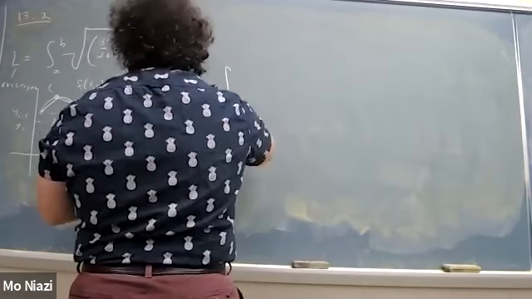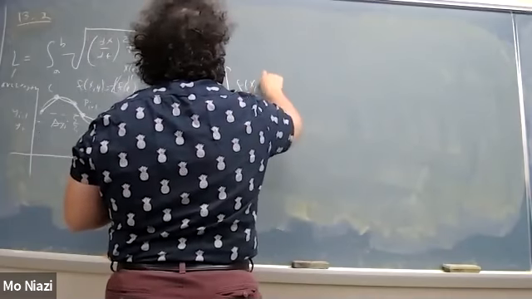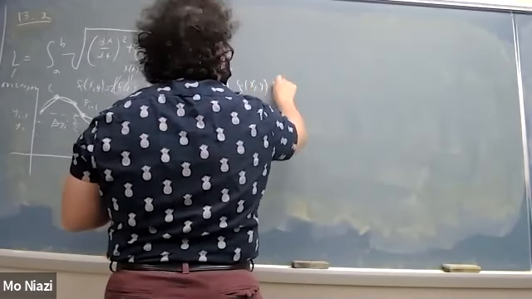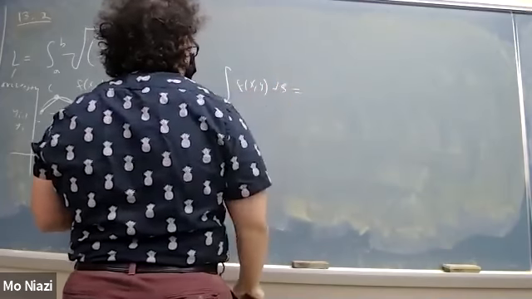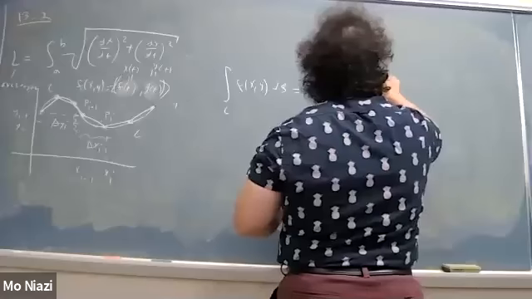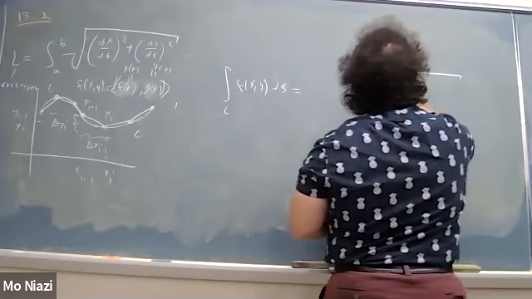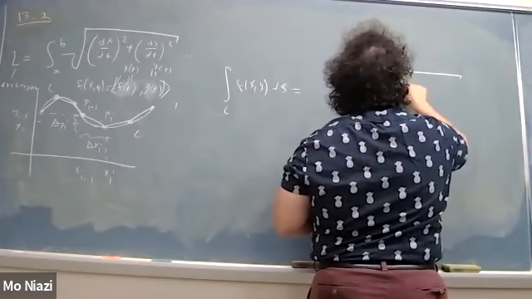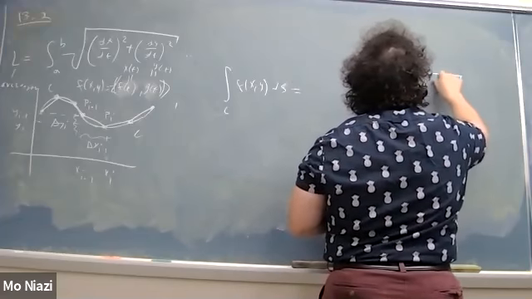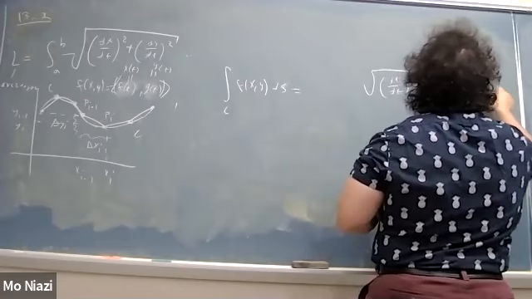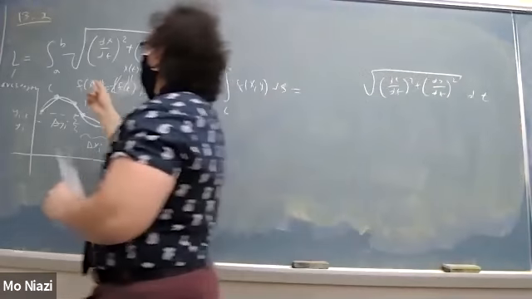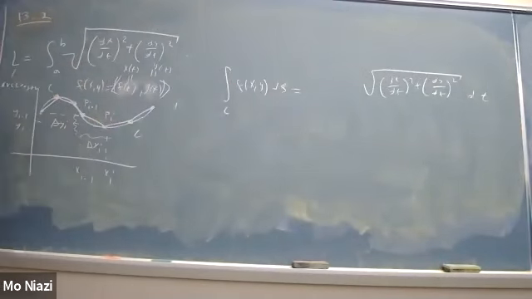So the line integral of some function of x and y, ds, is going to be the same thing as the length, I'll just reproduce this whole thing, times the height.